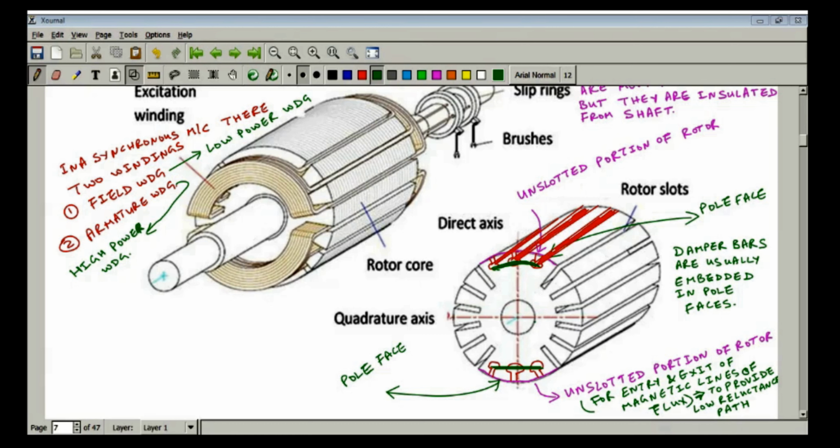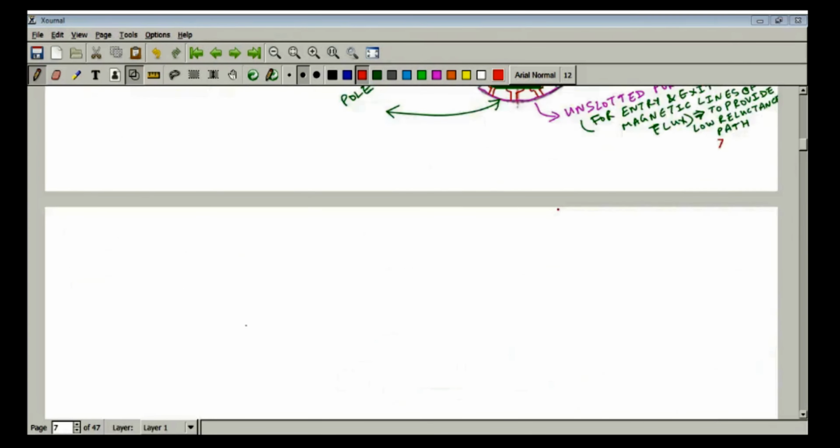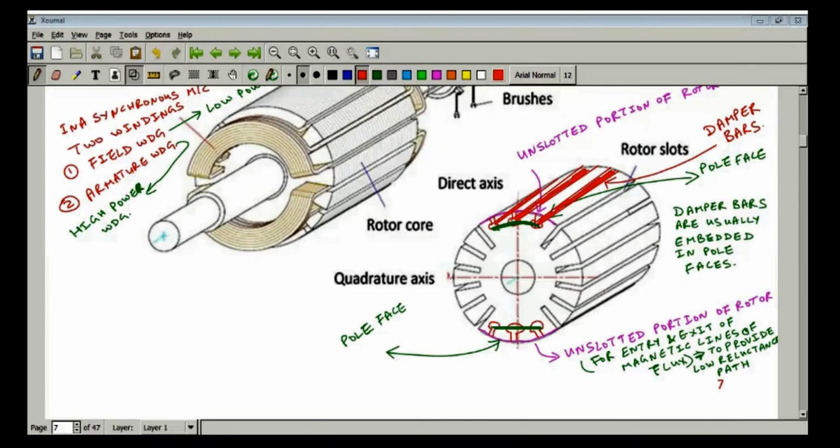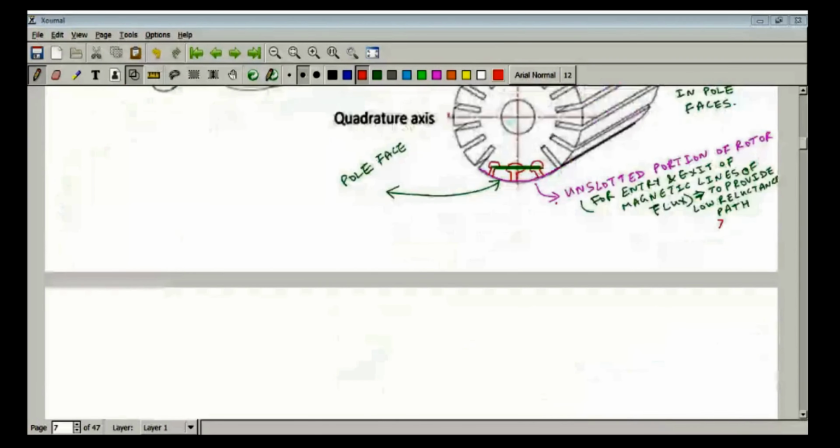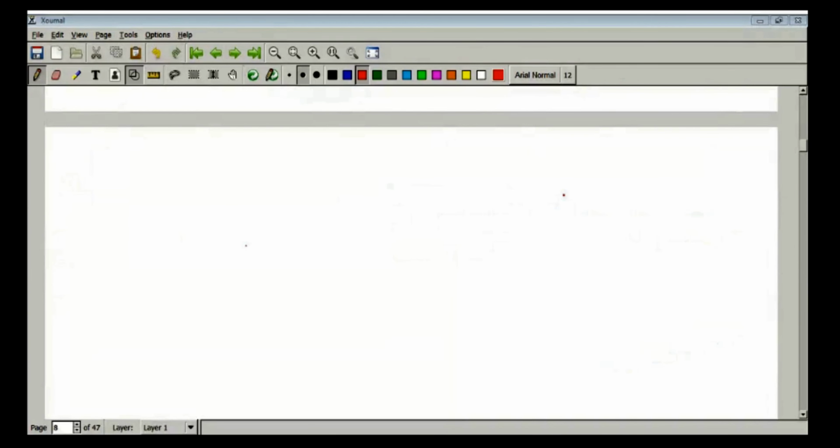Okay, so these are your damper bars. Now we need to figure out why it is there. From physical consideration, from ease of construction and economy, these are the two points I will mention.